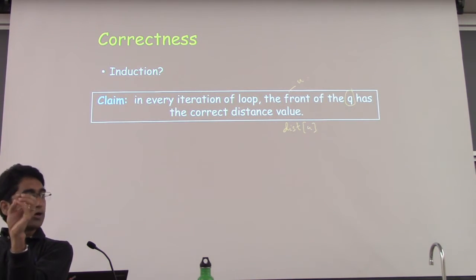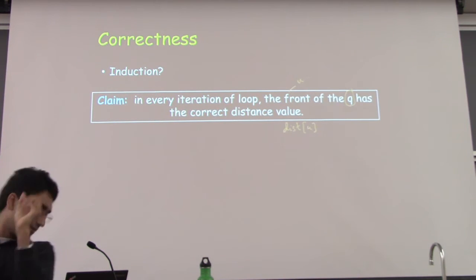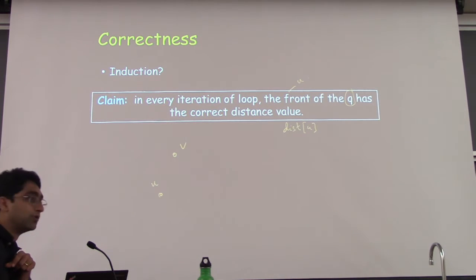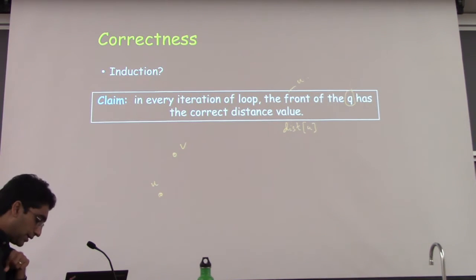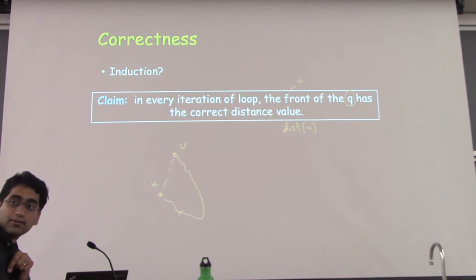The only way it cannot be the right one is if there is some path that, so we have this vertex B, and let's say the front of the queue at some point is U. Now the only way that the distance value is not correct is if there is some other path which we have not seen yet.